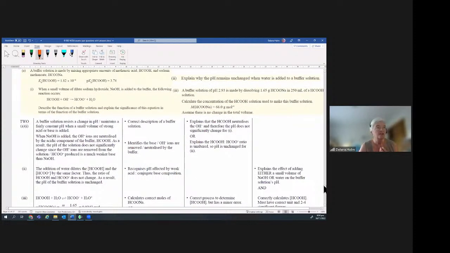So if you look at this, what sort of questions can they ask to explain? The first is, what is the buffer region on the titration curve? And it's always where the pH is the same as the pKa for the acid.